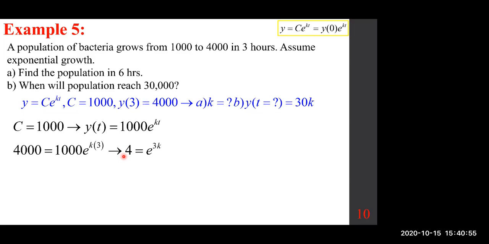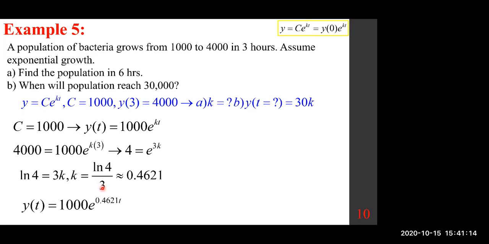This becomes ln 4, this becomes 3k. So ln 4 equals 3k. So k is ln 4 divided by 3. If you keep it as ln 4 divided by 3, it's a precise answer, class. And you can stick with that. So this is the formula. And now for part A, in 6, replace the t with 6.